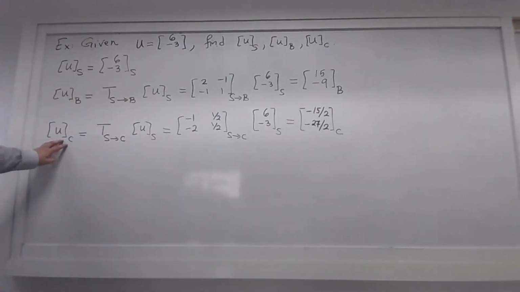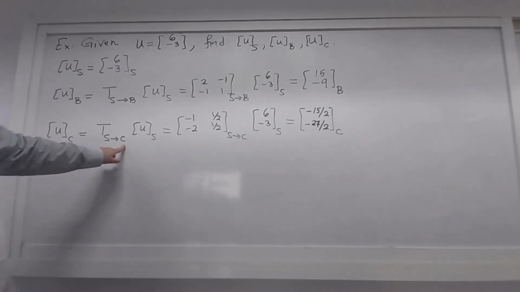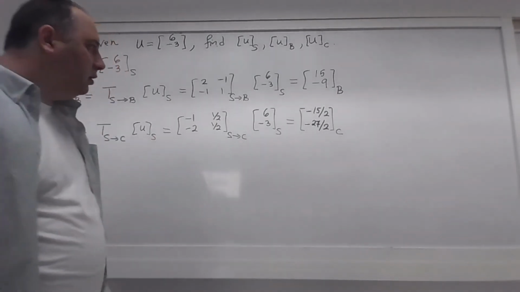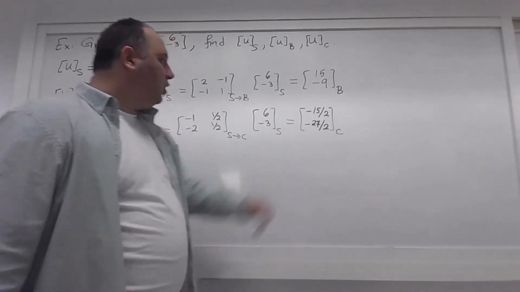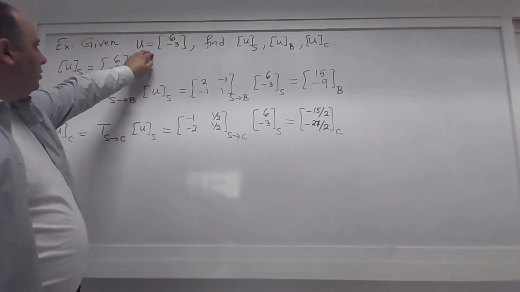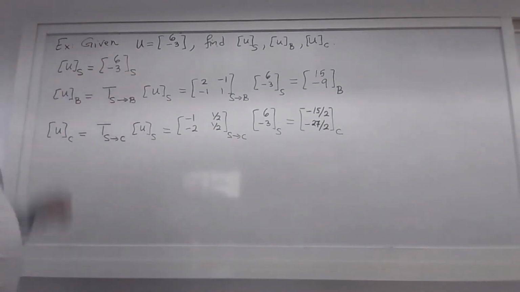Now if I need to find the coordinates of the vector u in basis C, no problem. I just need to multiply the transition matrix from the standard basis to basis C by the coordinates of the vector in the standard basis. Just do the product and we get this. So these are the coordinates of vector u in basis C. You see, you have your vector, its coordinates in the standard basis are the components of the vector, that's normal.